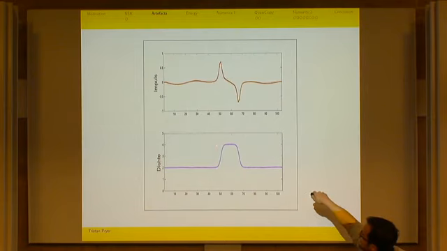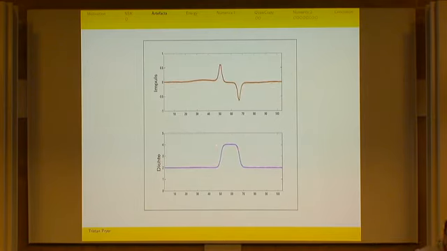It develops this diffuse interface, and you get some oscillations up here. But what I want you to pay attention to, as the video plays, is this velocity that develops here doesn't go away.